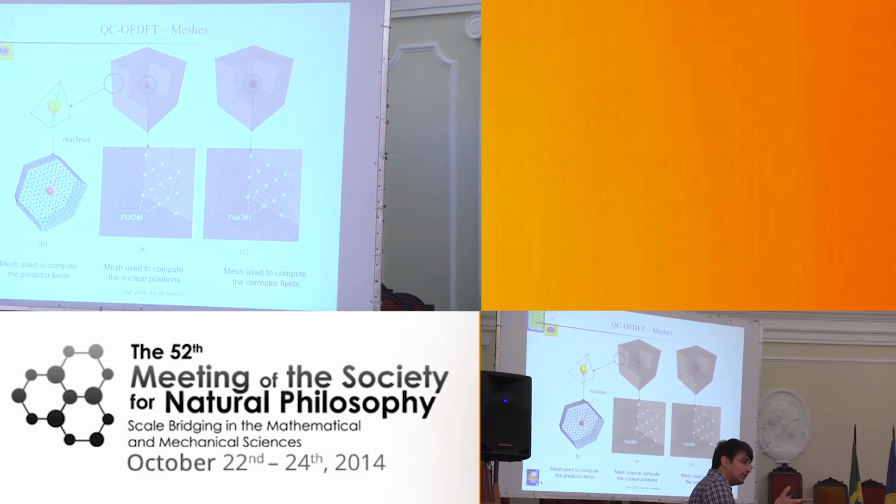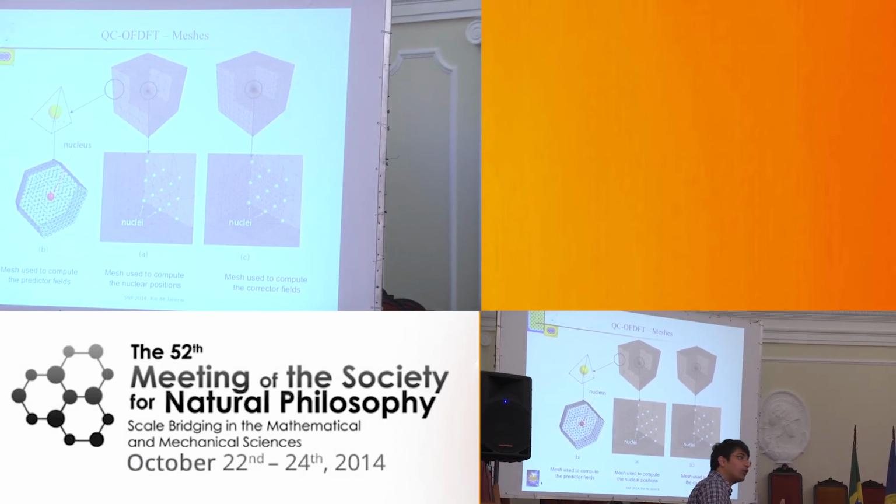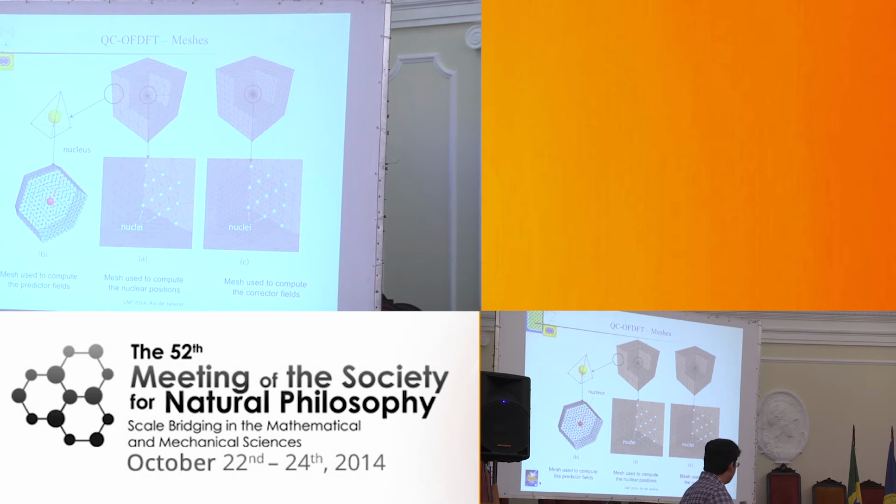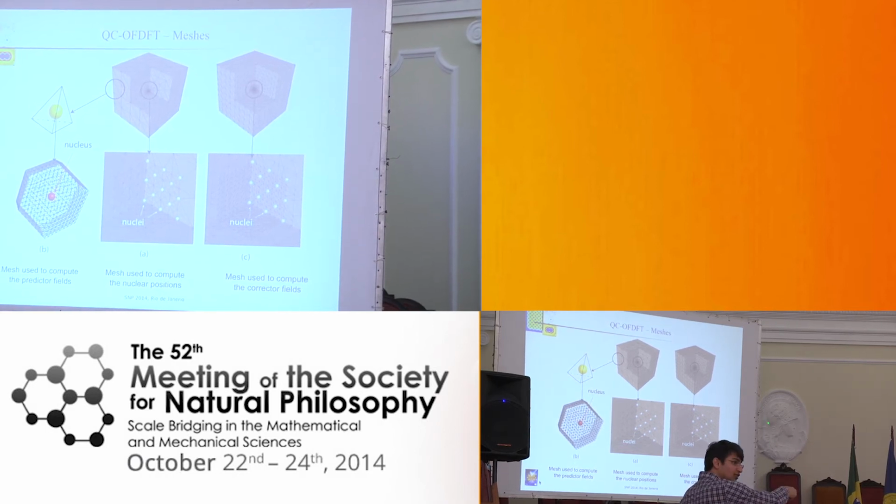But your point is that we also have to capture the electronic fields, which requires a much more refined mesh compared to this one. So we have an underlying subdivision of this mesh on which the electronic structure is computed. The rate of coarse graining remains the same, but the mesh size is much smaller here, and the mesh size over here is large enough that it would contain multiple atoms as you go far away.